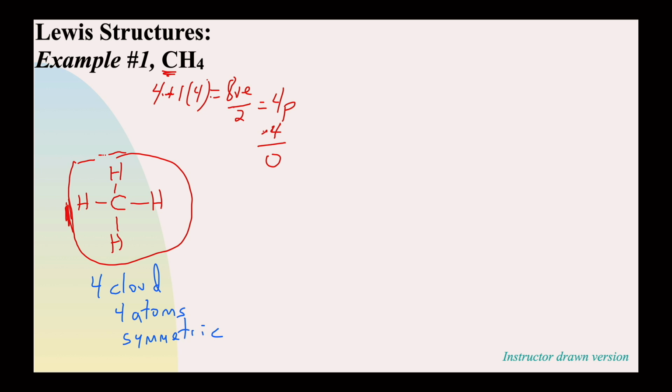So if you look at the place where it says 4 clouds, 4 atoms, no electron pairs, maybe symmetric, then the electron pair geometry, or EPG, is tetrahedral. The molecular geometry, MG, is also tetrahedral.